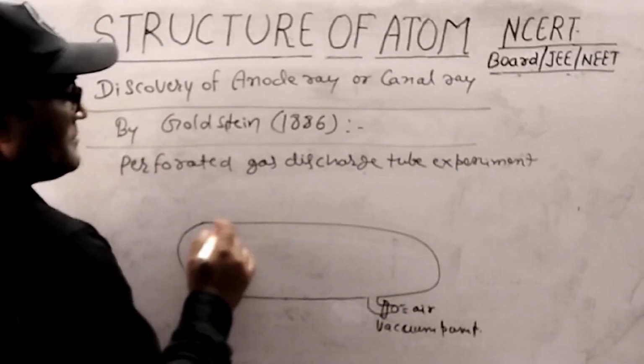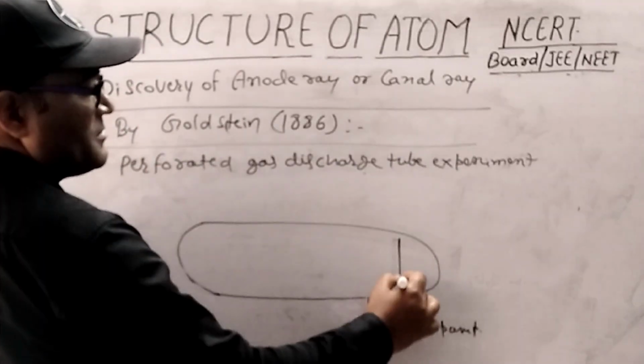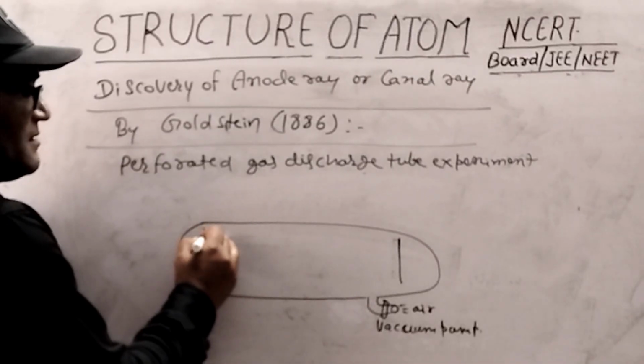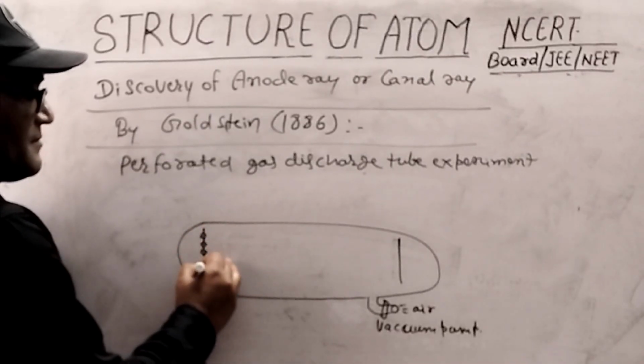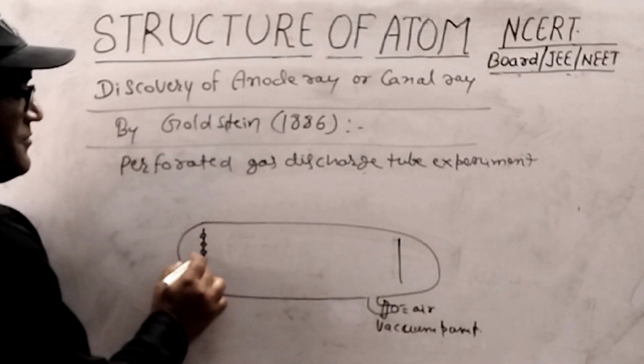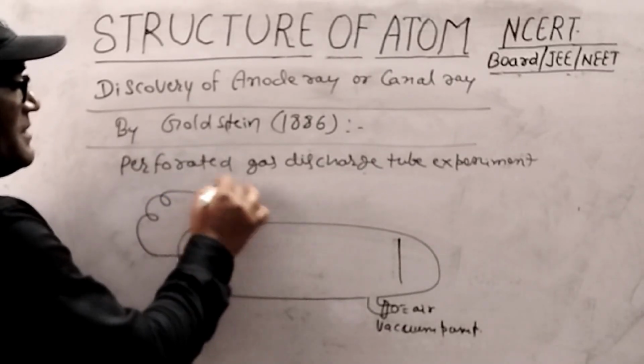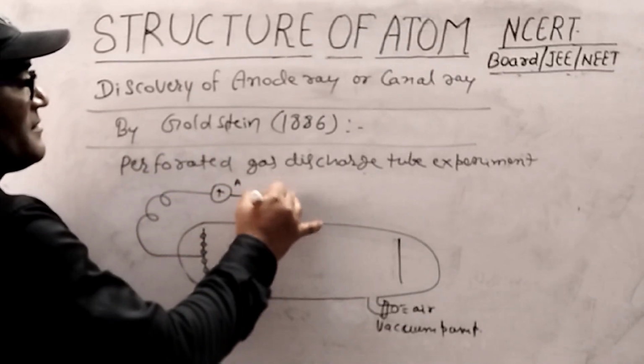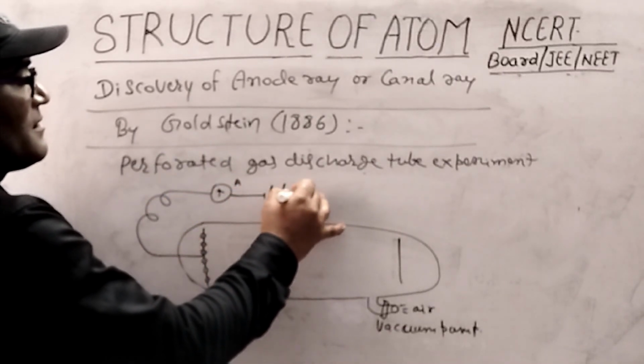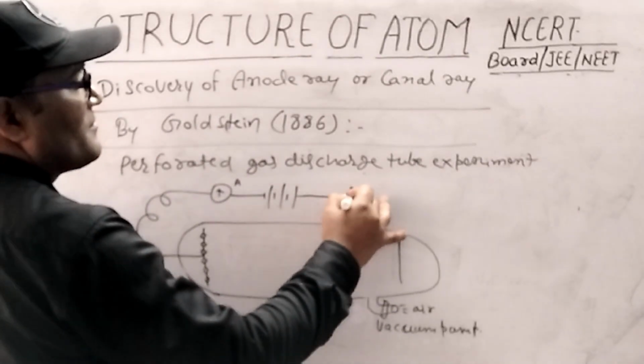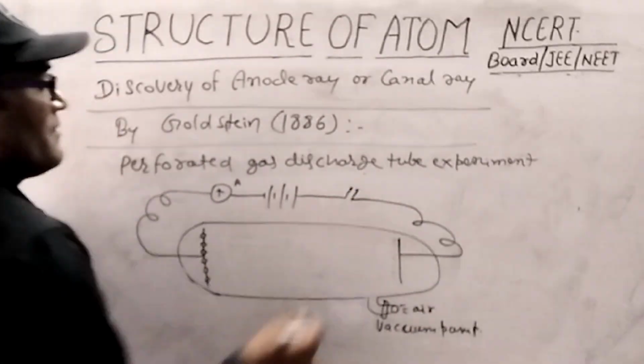In this glass tube, two electrodes are present. One electrode is perforated and both electrodes are connected with an ammeter, battery and key with the help of electric wire.